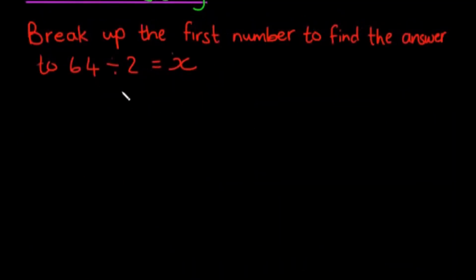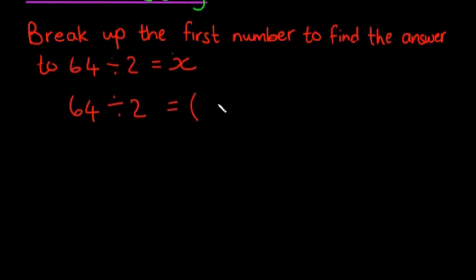In the second example, we need to break up the first number in order to get our answer of x. As I said before, x just simply means this is the answer that we need to find. And I need to break up my 60 and my 4.